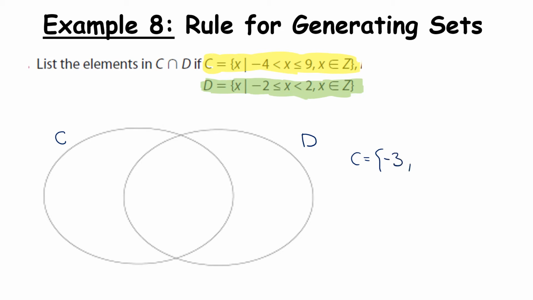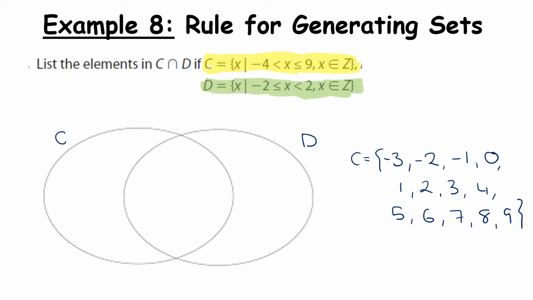So then the next number will be -3, -2, -1, 0, 1, 2, 3, 4, 5, 6, 7, 8, and 9. And now you get a sense why they use the rule rather than listing these all out.